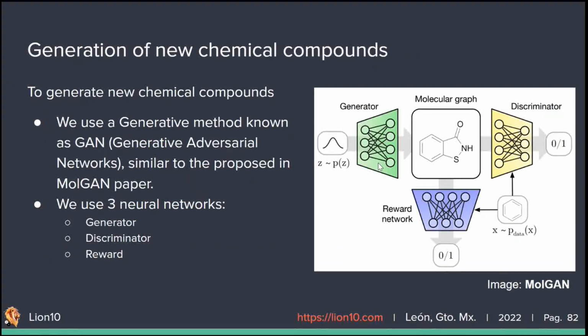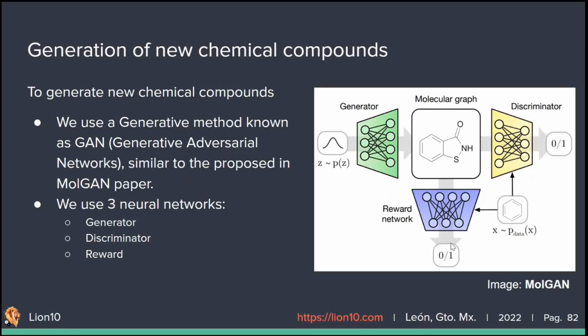So let's say that, and I think both literature uses the discriminator and the reward in a similar fashion. The discriminator is to analyze how well the graphs are chemically, whether a graph is structurally and chemically valid or not, and have a score about that.